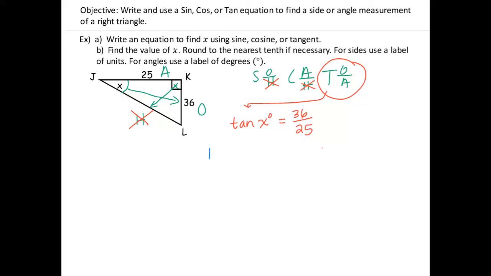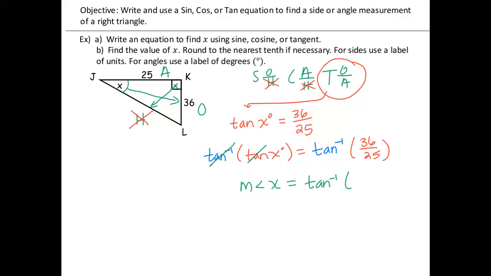So we do tangent inverse of tangent x is equal to tangent inverse of 36 over 25. That way our tangents cancel. And we end up with the measure of angle x is equal to tangent inverse of 36 over 25.